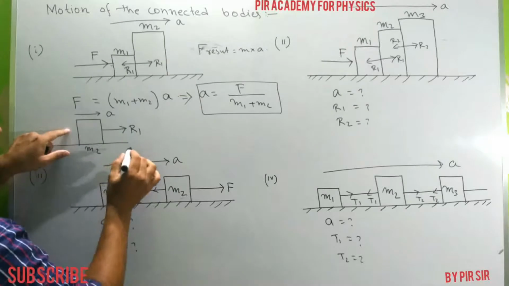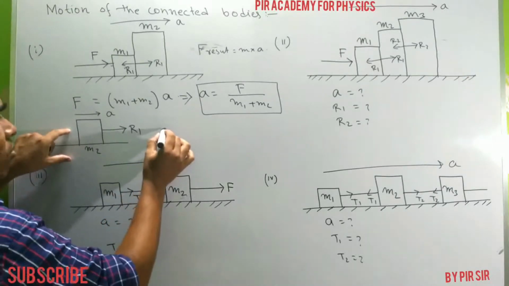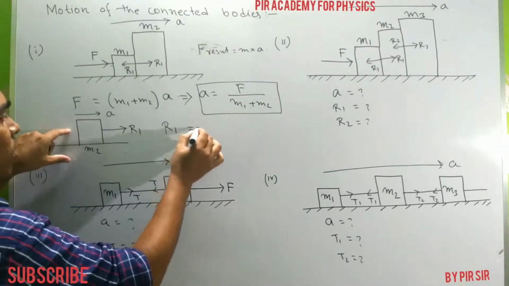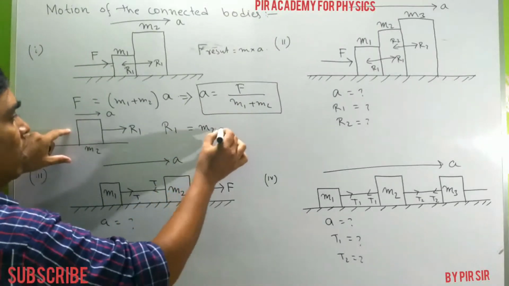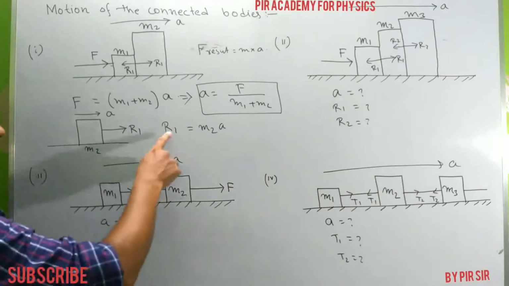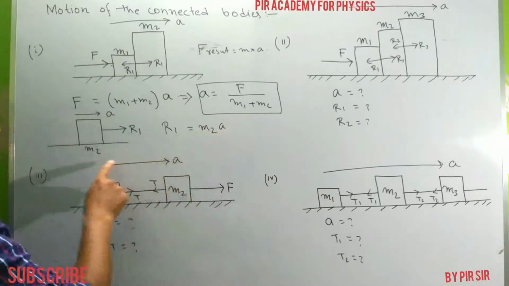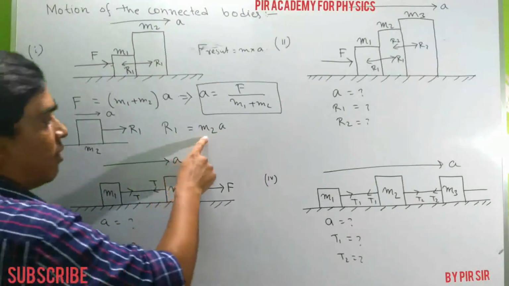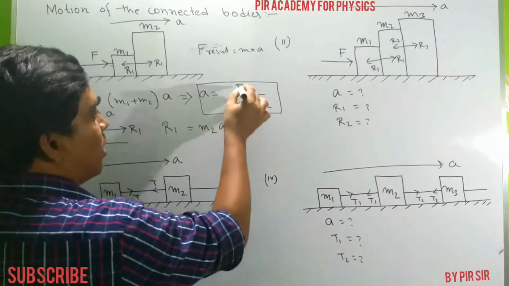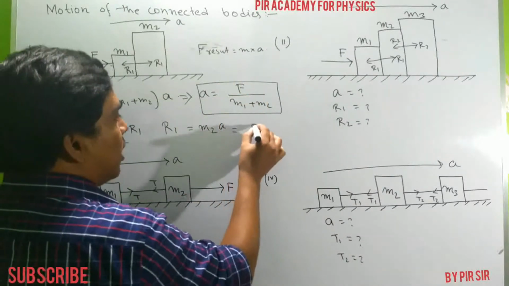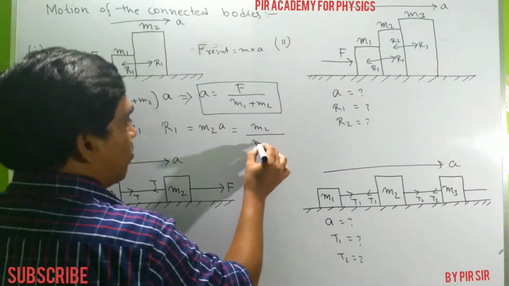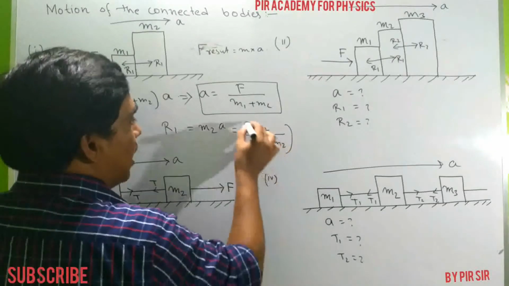For this mass M2, you can write that the resultant force R1 equals mass into acceleration. Here the mass is M2, so R1 equals M2 into A. Here you can put the magnitude of A, which is F divided by M1 plus M2.